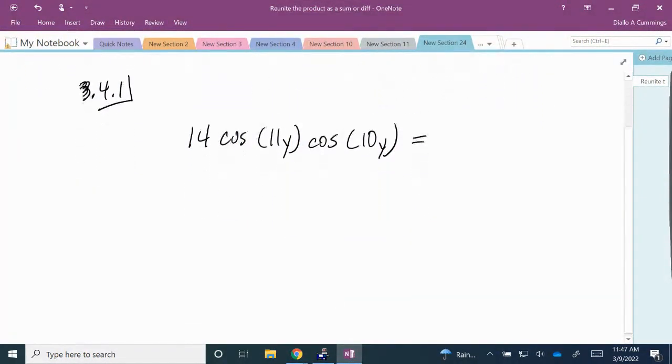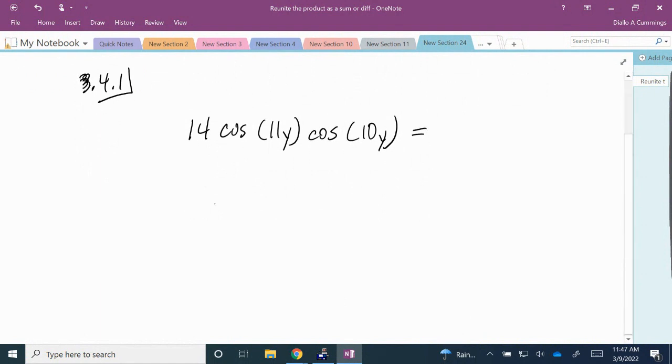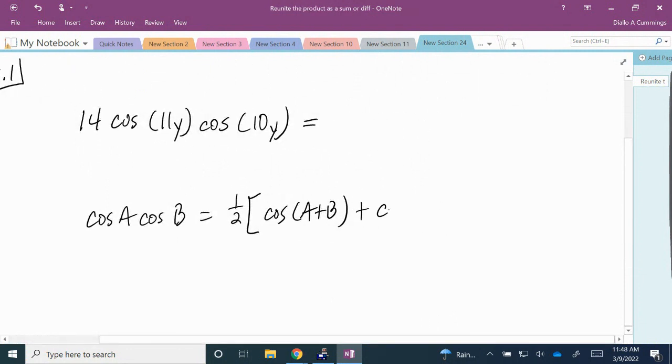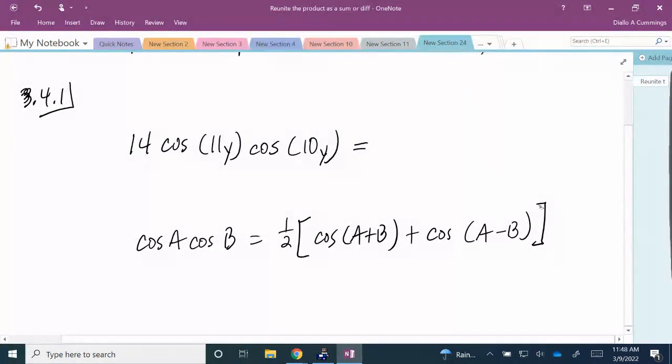All right, so below that, because we have to manipulate the formula, we have cosine of A times the cosine of B equal to 1/2 times cosine A plus B plus cosine A minus B. Okay, so notice I have sort of the same setup.